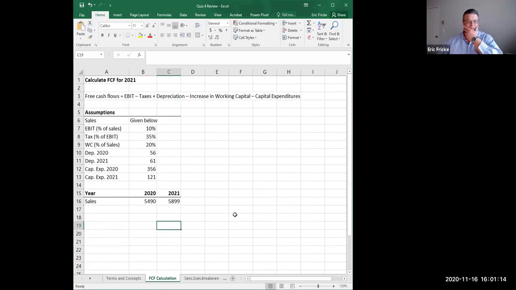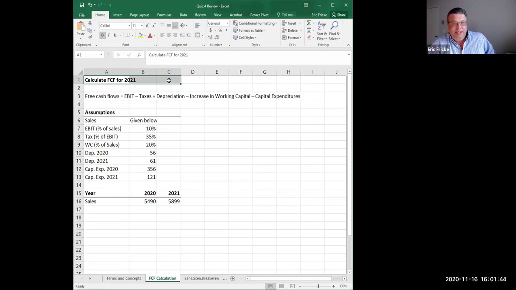And so here's the question. I want you to calculate free cash flow for the year 2021 in this example. Okay? I will step you through the spreadsheet right now, show you what everything means, and then I'll give you like 5 or 10 minutes to go ahead and work on the problem yourself.